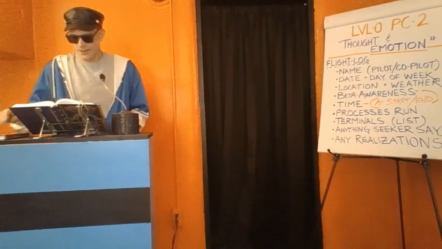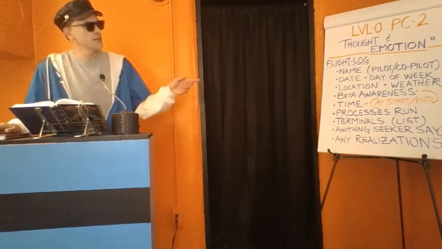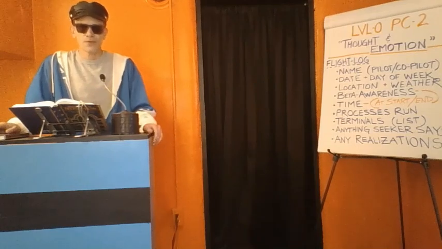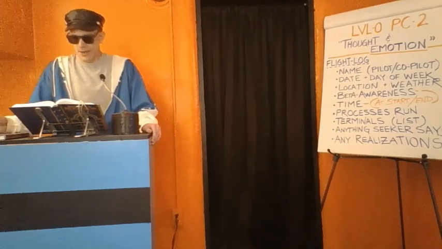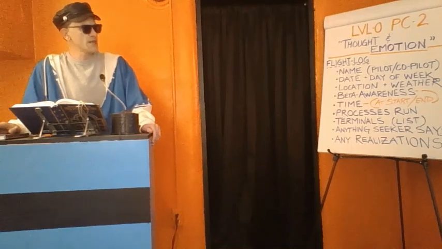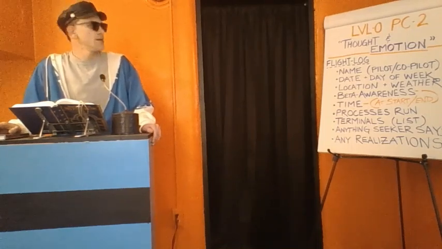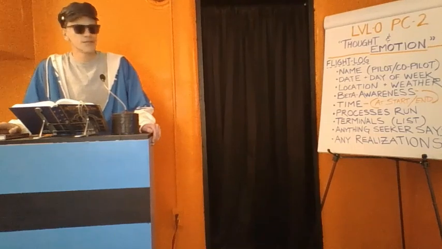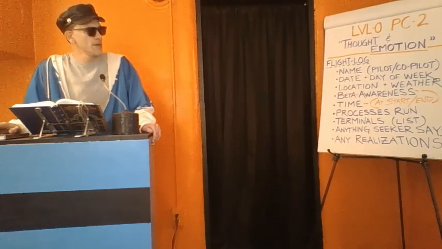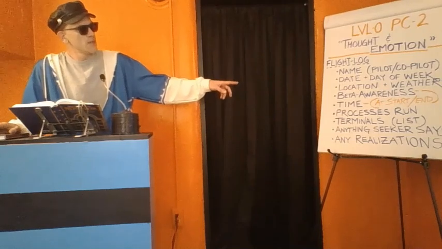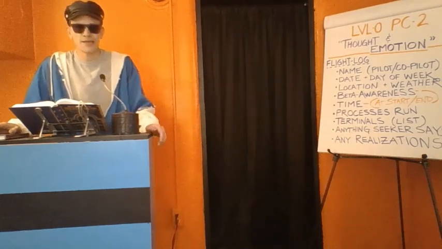Well, this is the kind of information you would want to record with each session. So we have the name of the pilot or co-pilot, the date and day of the week, the location of the session, the weather conditions, environmental conditions, and then where we have beta awareness and time, we want this at the start and end of the session.